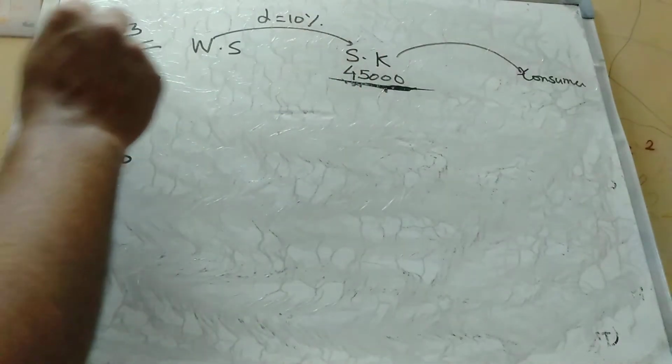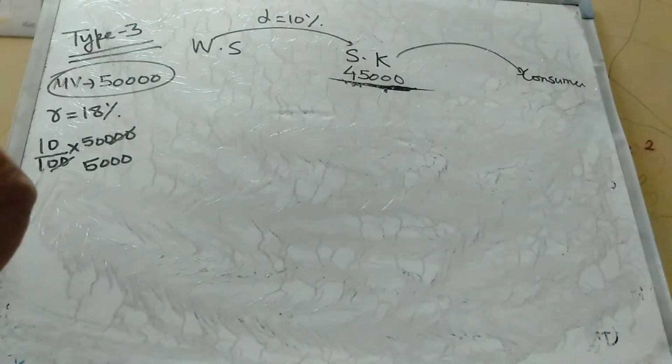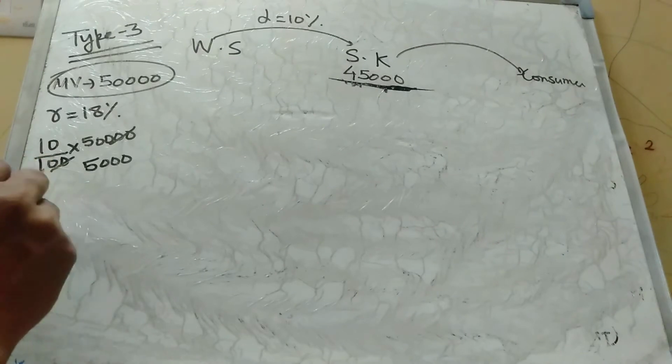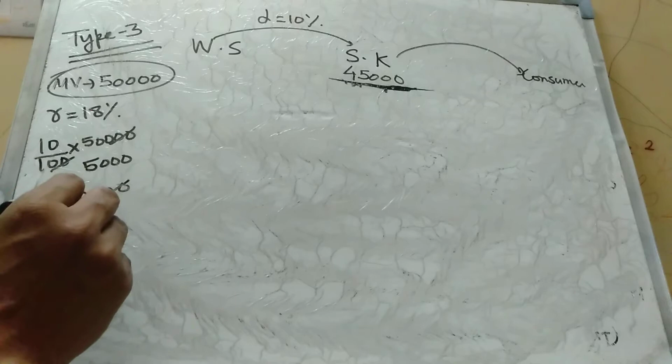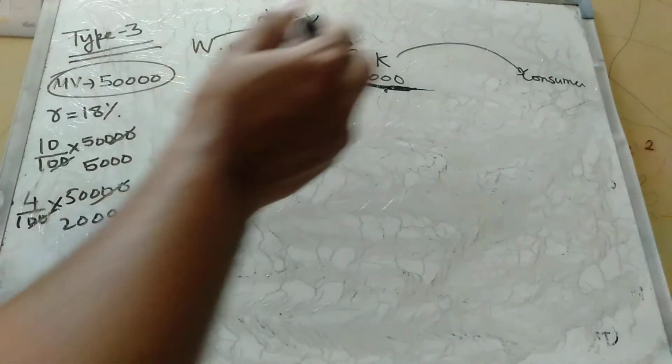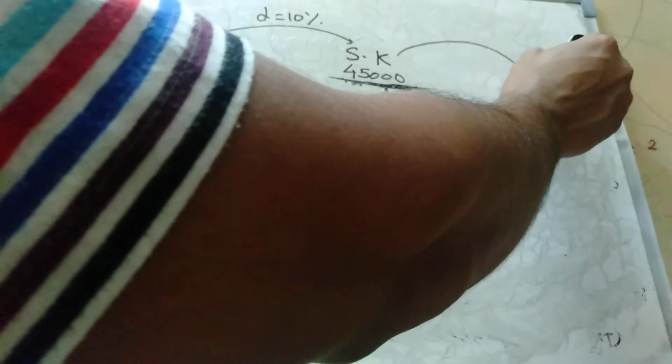The mark price is 50,000, and 4% of 50,000 is 2,000. He sells the article to the consumer for rupees 52,000.